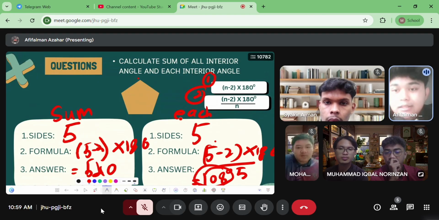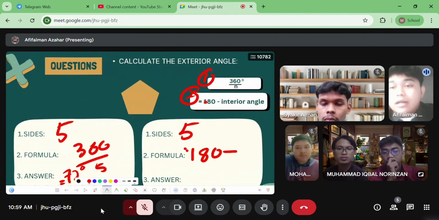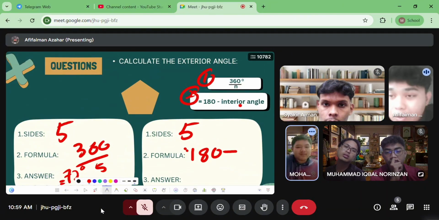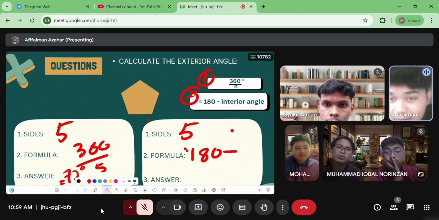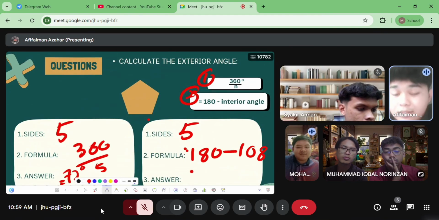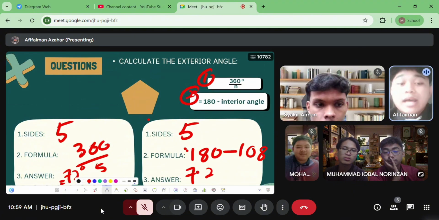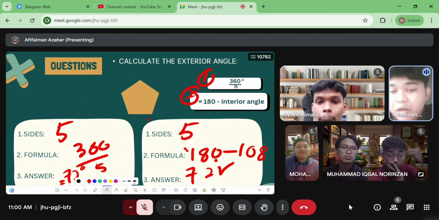This is the each interior angle of a pentagon. So the formula is 180 minus the interior angle of the pentagon, which gives the exterior angle. So we subtract 108, and we will get 72. So that's the proof that you can use both formulas and get the same answer.